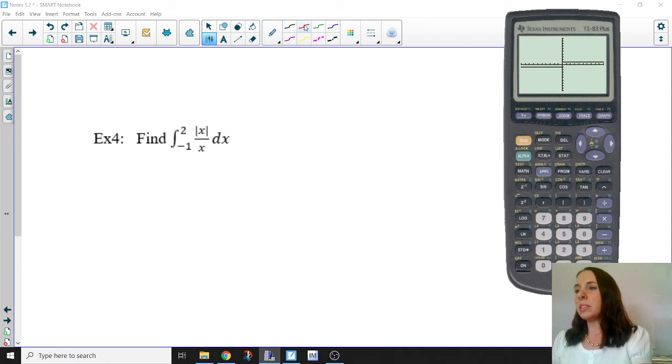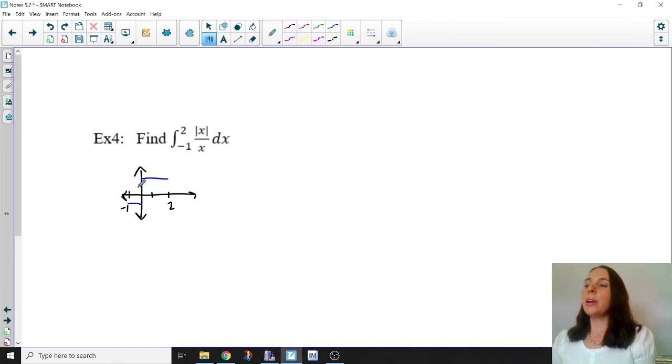Okay, so I'm going to sketch this. I'm going to actually pause to sketch it. Okay, and I only sketched over the interval that I'm looking at here from -1 to 2. So what I'm really doing here is finding the area of 2 rectangles. I'm finding the area of this rectangle, which has a height of -1, a width of 1.